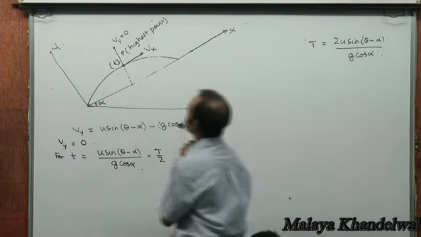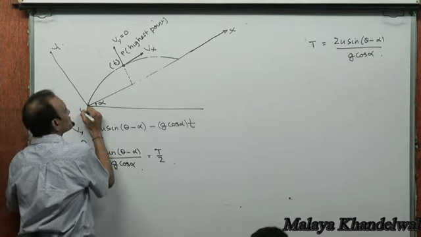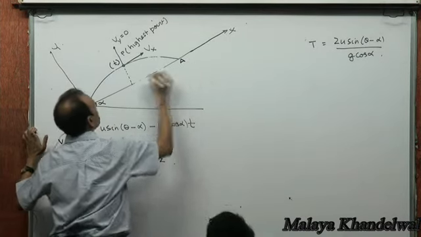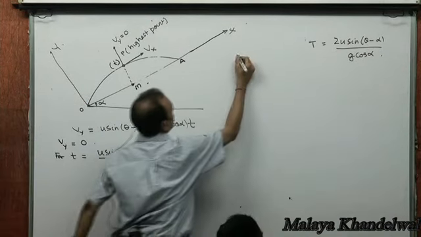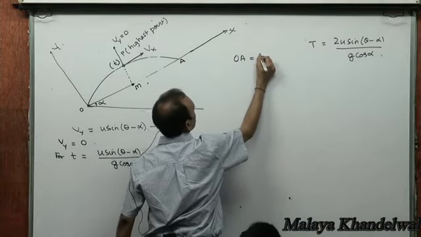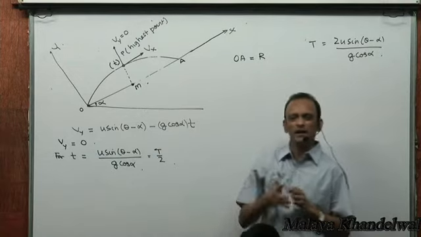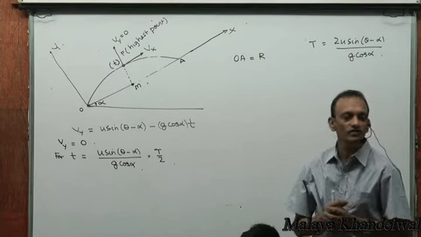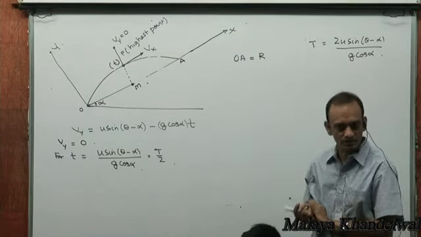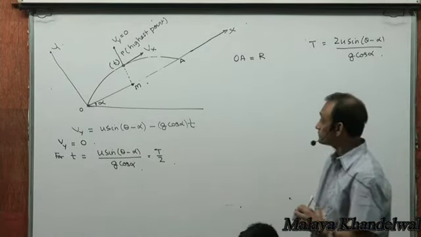Now I have a question for you. Conceptually answer this question. OA, and this point is, say, M. OA is range R, right? Which we have figured out. U squared by g cos alpha into sine 2 theta minus alpha minus sine alpha, the value of R that we obtained.